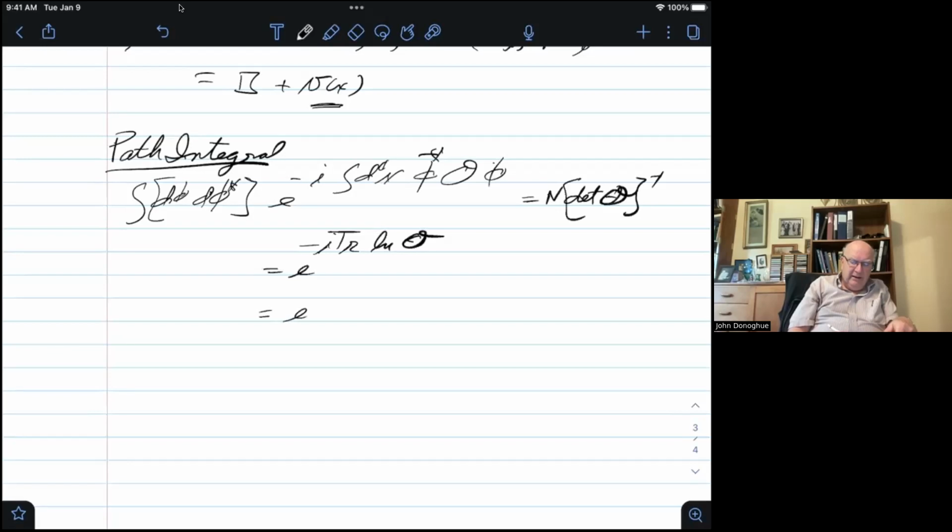So this is e to the minus integral d4x log O of x. Actually, let me keep the remaining traces in here, the trace over whatever indices are left.